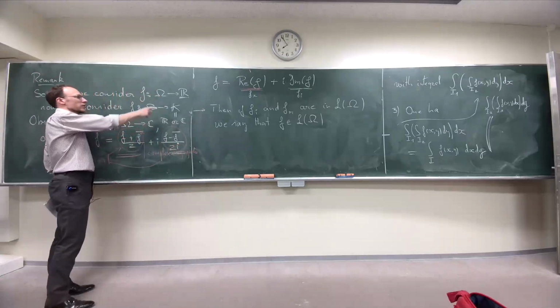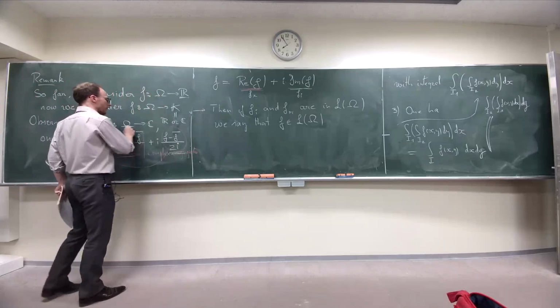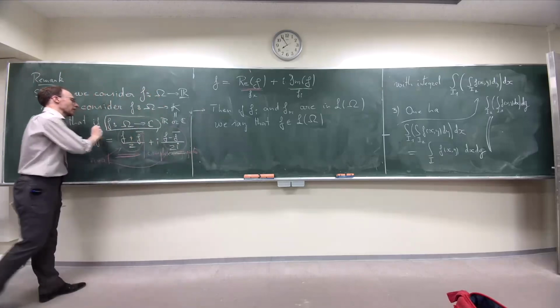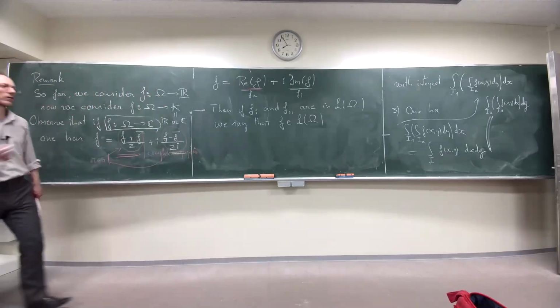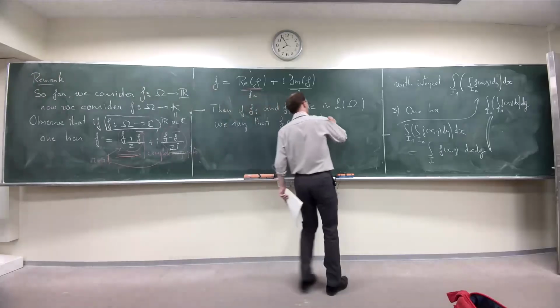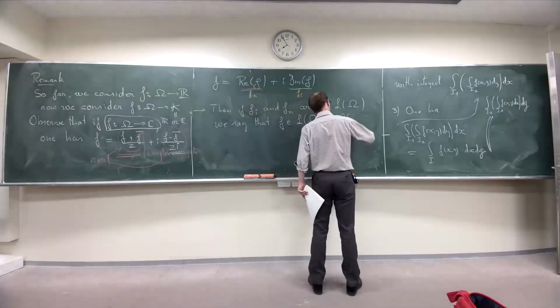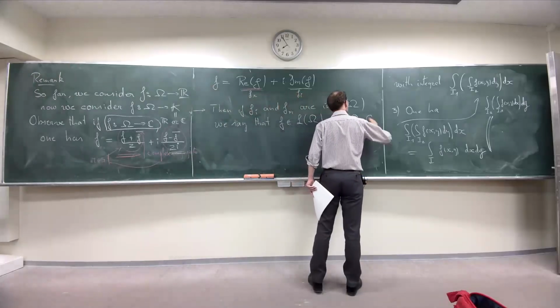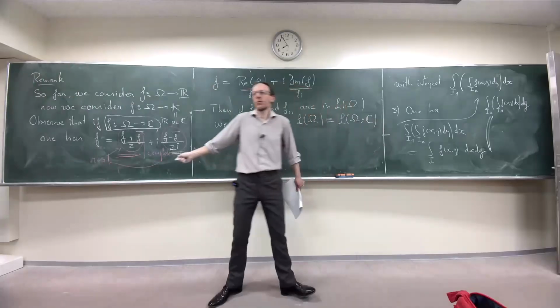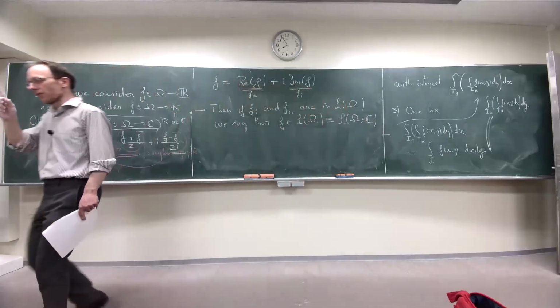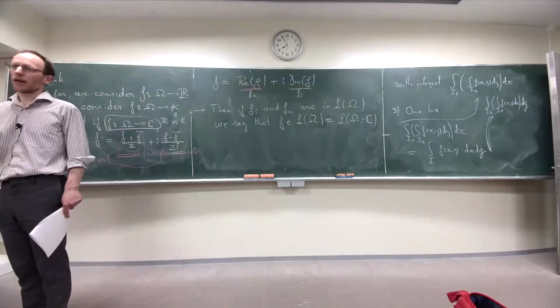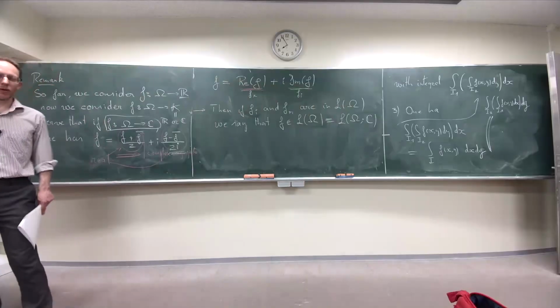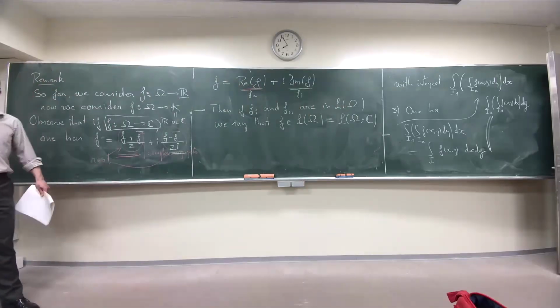I'm saying that this function, which is complex valued, the f I'm considering is complex valued, I put it in the same set. The only difference, maybe now I should write, but I'm not going to do it, is with value in C instead of with value in R. I consider functions from omega to C instead of omega to R. But I keep the same notation. It's natural.